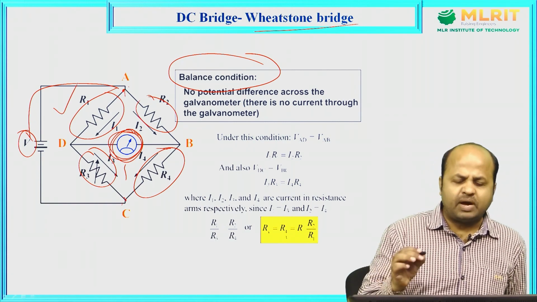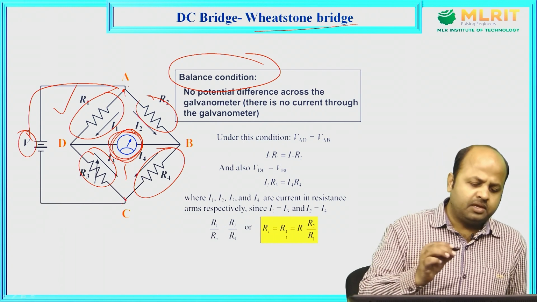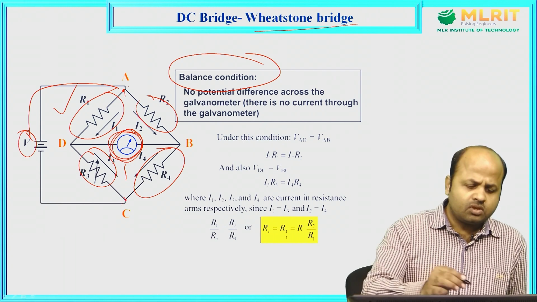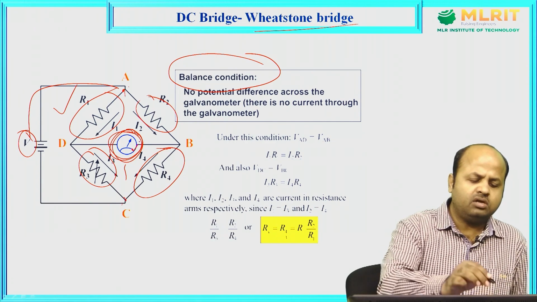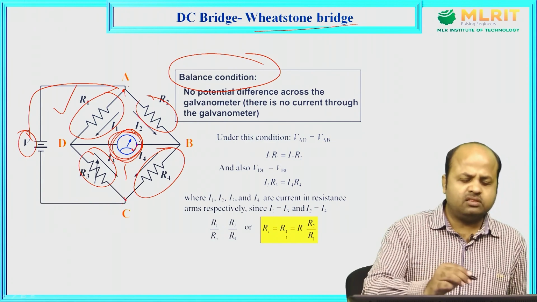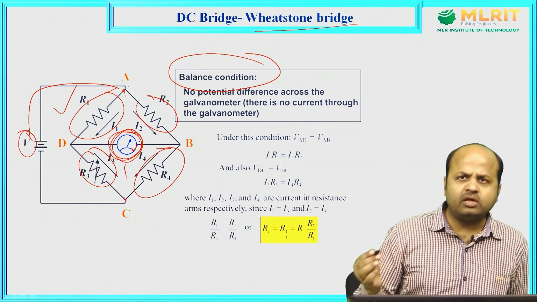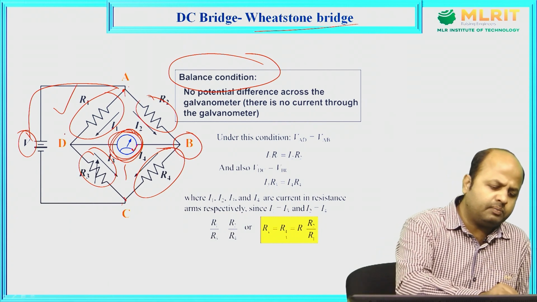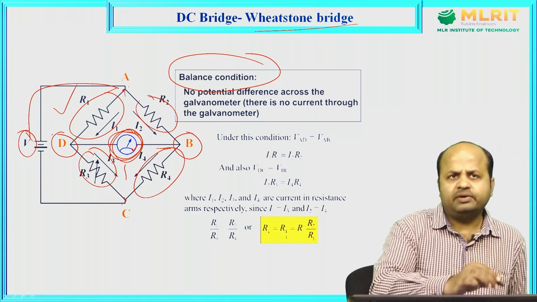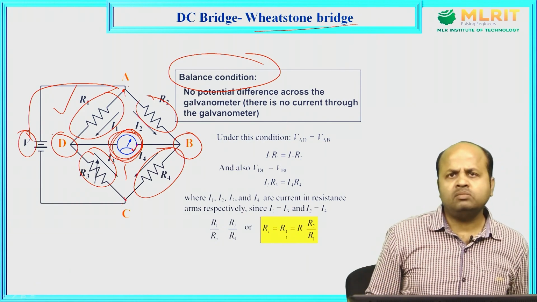Or in other words, we can say that the potential of point B becomes equal to the potential of point D, then the bridge becomes balanced.